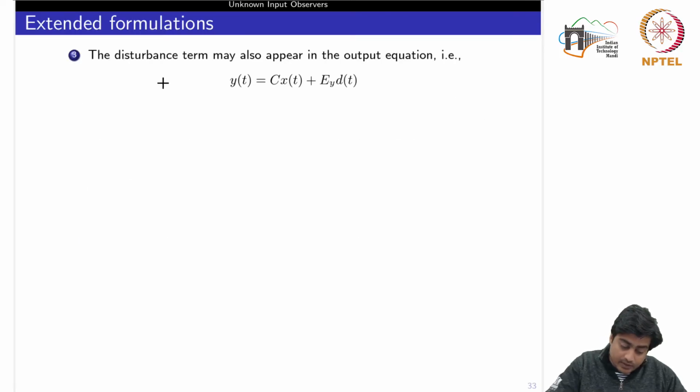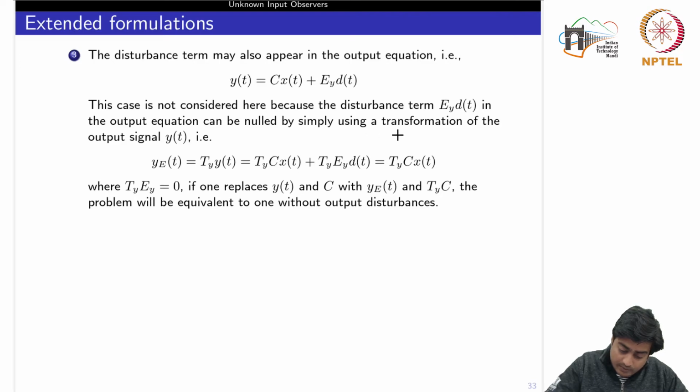Third, if you recall in the output equation, we have only considered that y is equal to Cx(t), but there might be a disturbance term in the output equation with its distribution matrix as Ey. To get rid of this issue, we can design a transformation matrix, let's say Ty, such that if I pre-multiply this whole equation by the matrix Ty, Ty Ey becomes equal to 0, and at the same time Ty C is not equal to 0.